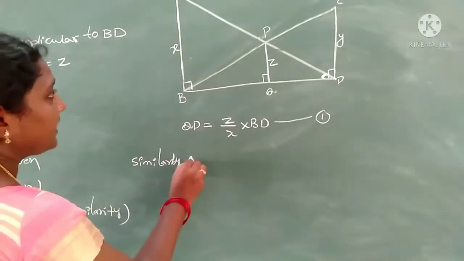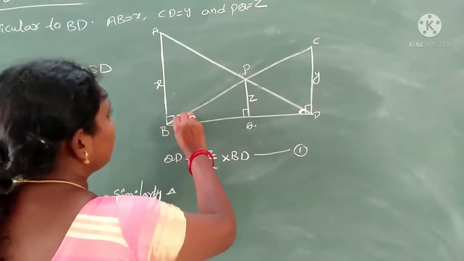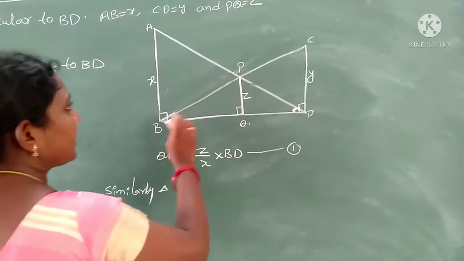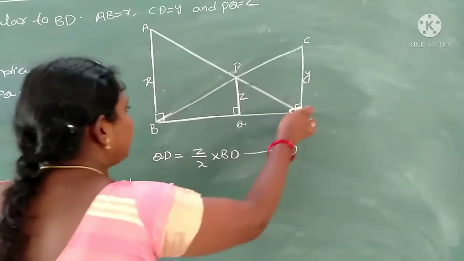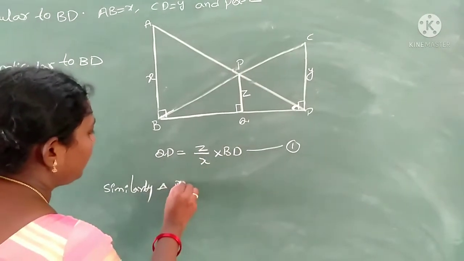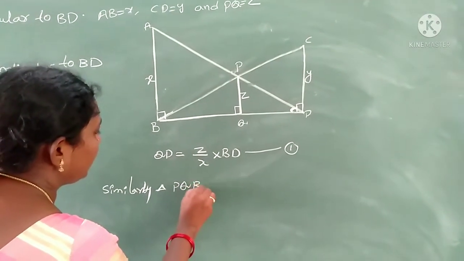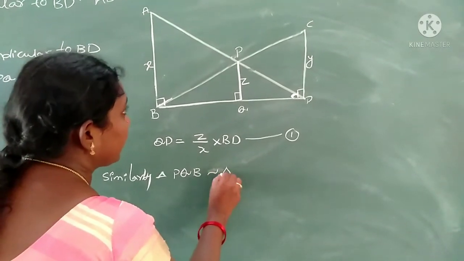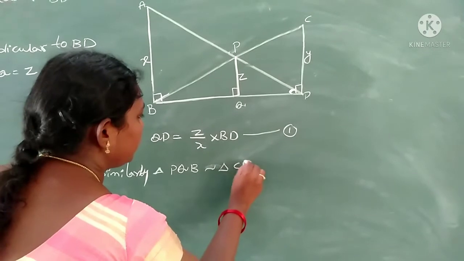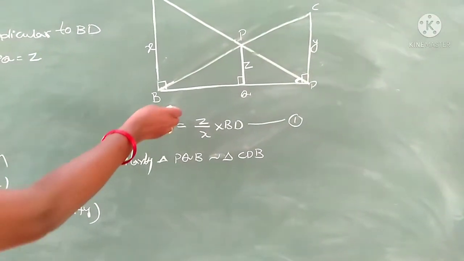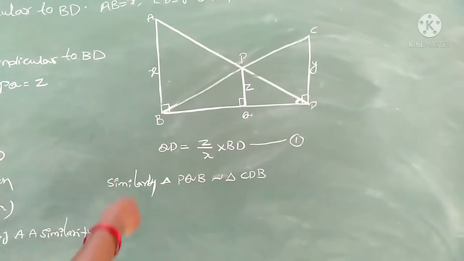Similarly, triangle PQB and triangle CDB are similar triangles. So take the ratio of their corresponding sides.